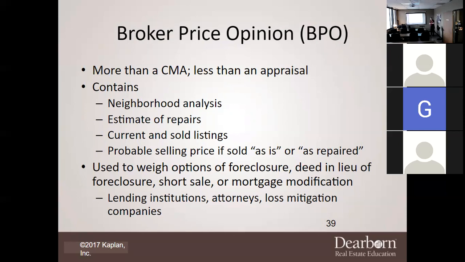So we dig a little bit deeper, but not a lot deeper. They're also often used in regards to foreclosures, a deed in lieu, a short sale, or a mortgage modification. Oftentimes, the individuals who use them will be lending companies, attorneys, or loss mitigation.